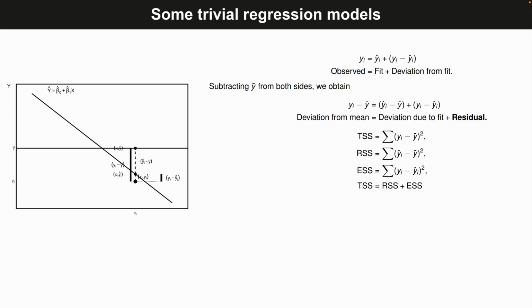Okay. Oh, sorry, that's right. Thank you. Yeah, thanks. I'll correct this. Thank you. So here, this is TSS, which is how much variation each of your yi has from your mean value.